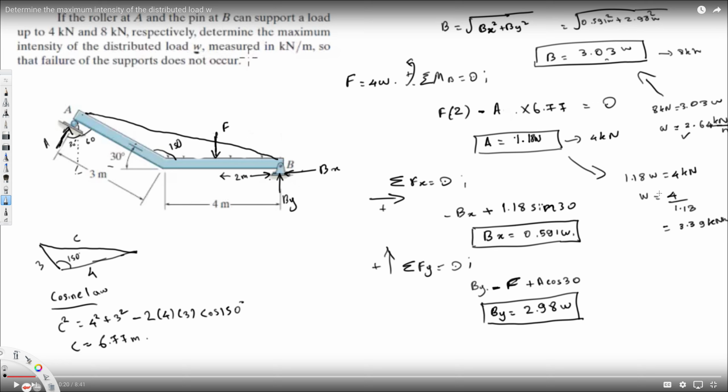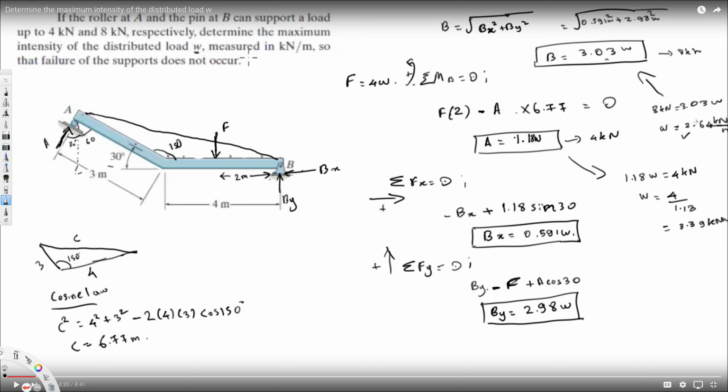So if you find W is equal to 3.39 and apply it to this one, where we have 1.18 W and we have 3.03, for 3.03, if you apply this one, 3 times 3, it's more than 8, so it will break. So that's why we shouldn't take the biggest value.